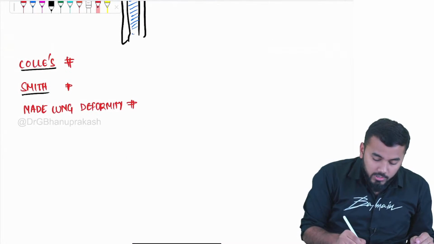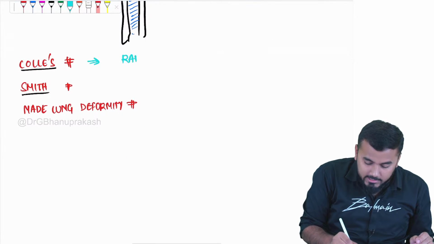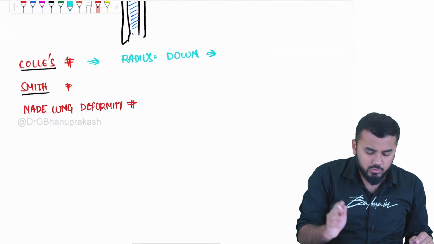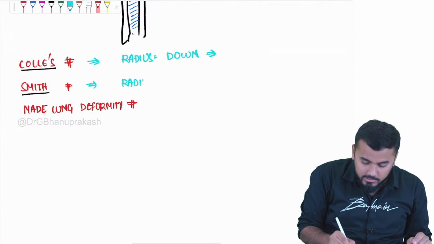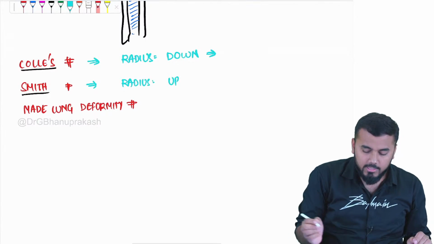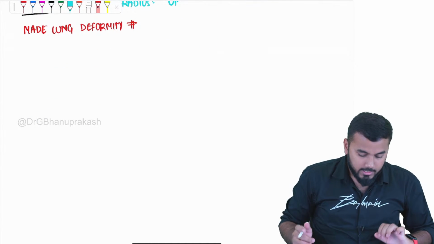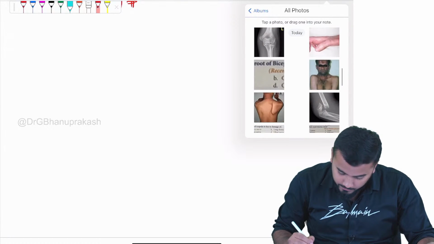So if the radius is down, that is called Colles. If the radius is up, that is called Smith. I'll show you the X-ray. You will understand very clearly, guys.